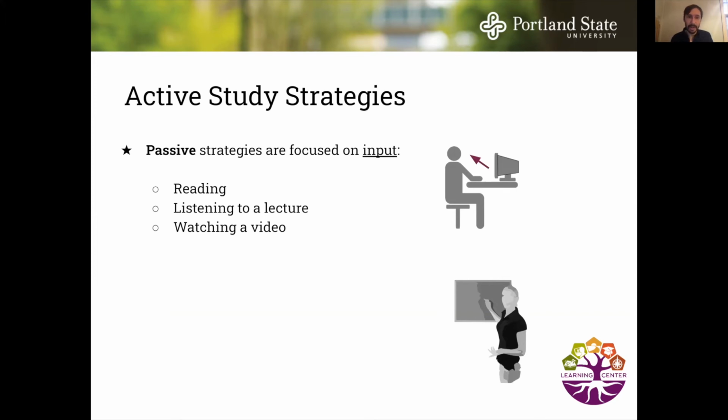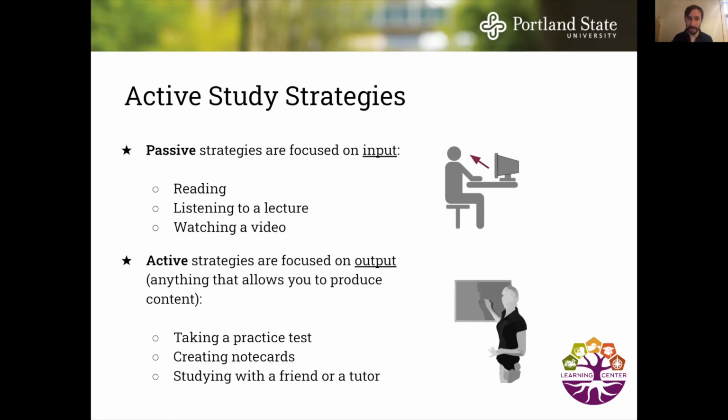Passive strategies are things like reading, listening to a lecture, or watching a video. We're just taking things in. With active, we're also putting things out. This includes taking a practice test, creating note cards, and studying with a friend or a tutor.